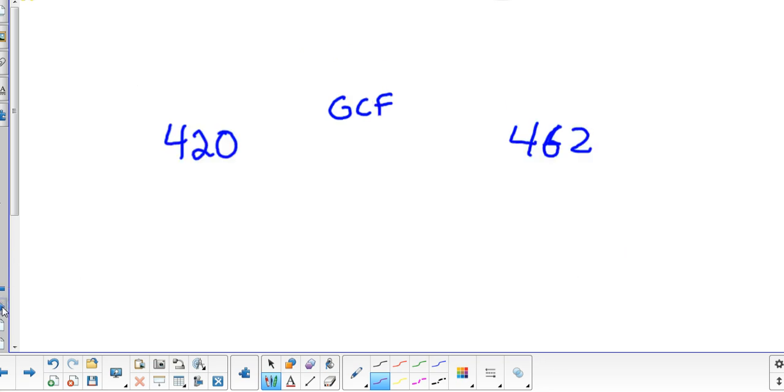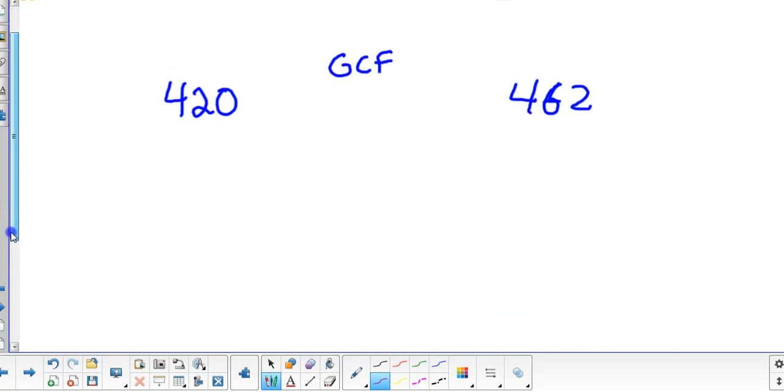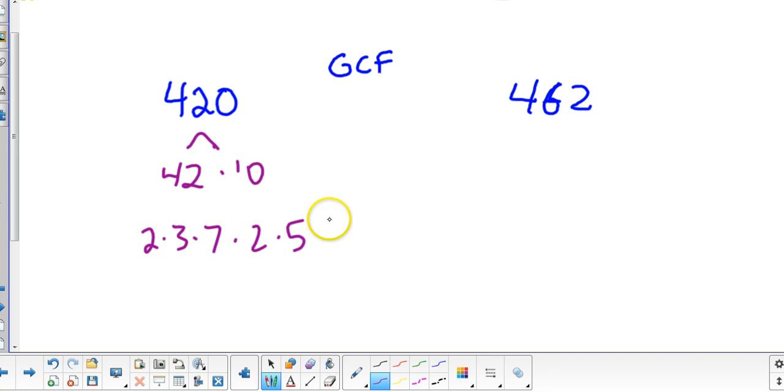All right, finding the GCF here between 420 and 462. I would probably do 42 times 10. 42 is 6 times 7. So this is going to be 2 times 3 times 7. And then 2 and 5. If you want to put these in order, you probably could. It seems pretty good.